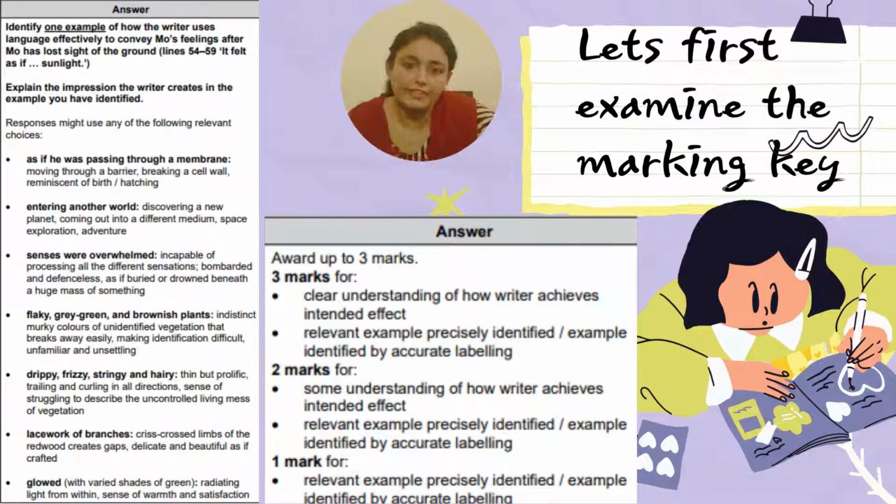And then in the explanation you will have to give the literal meaning and the metaphorical meaning, the implied meaning, along with what sense is created by the use of those words, and then connect it to the overall context. If you do these things, then you will be awarded 3 marks.